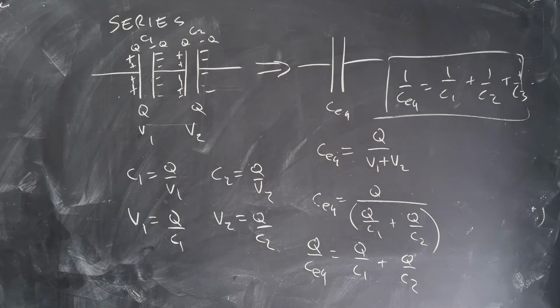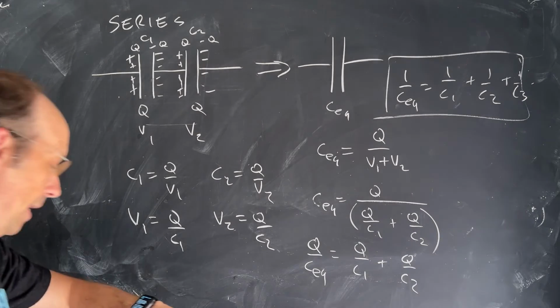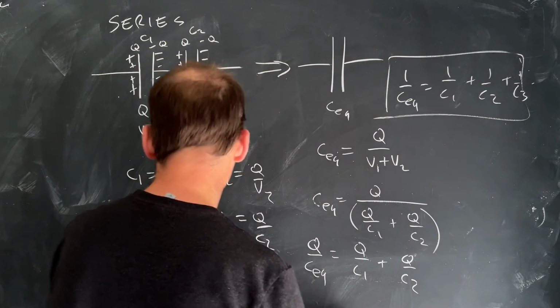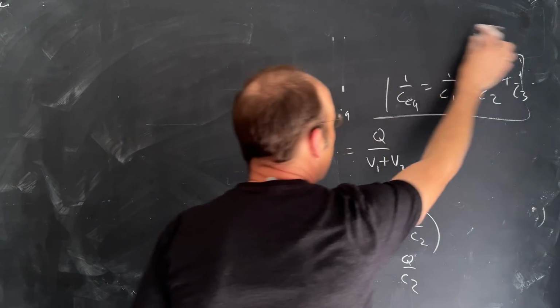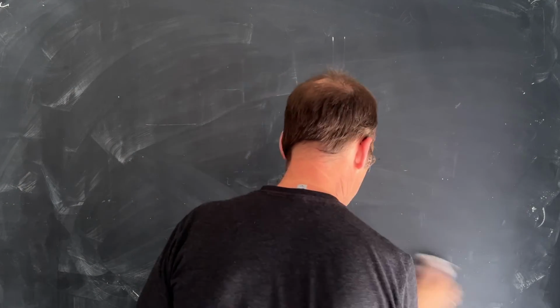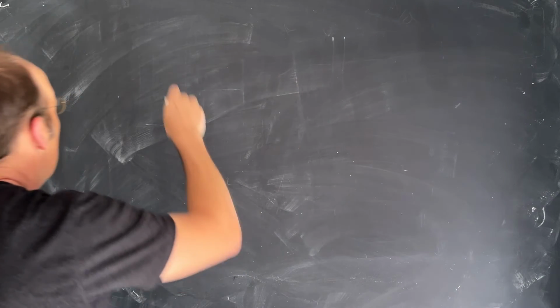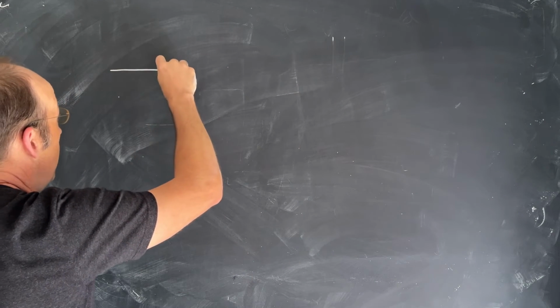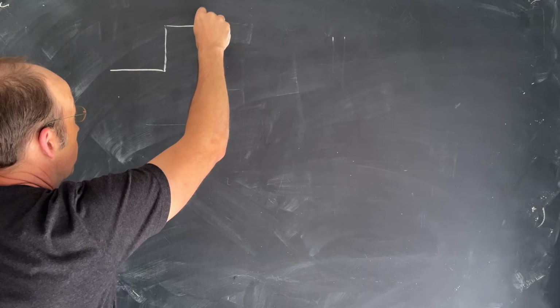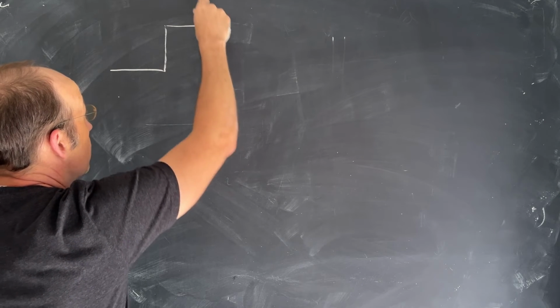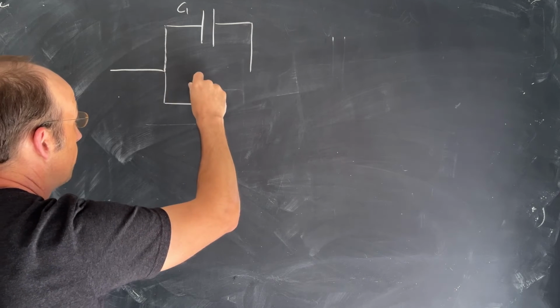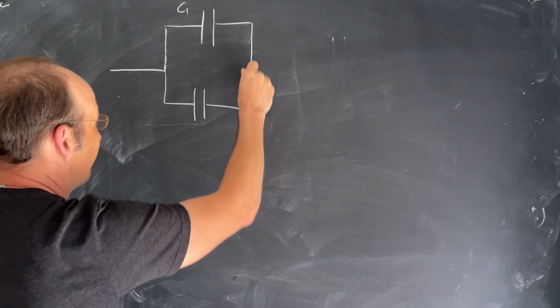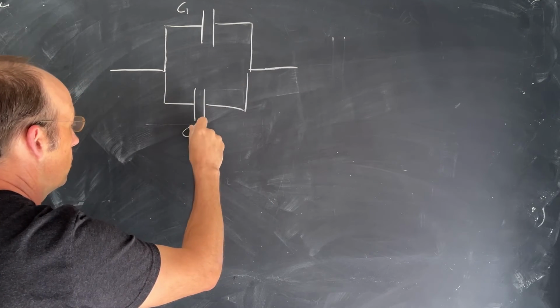Okay, what if I have capacitors in parallel? So imagine that I take these two capacitors like this. Here's C1. C2.